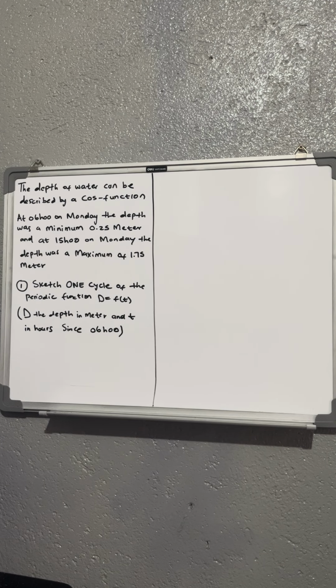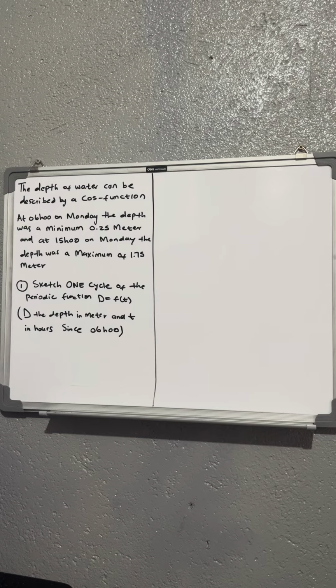If you're struggling with your cos and sine graph, this video is for you. We're going to be looking at an example which reads like this. It says the depth of water can be described by a cos function.